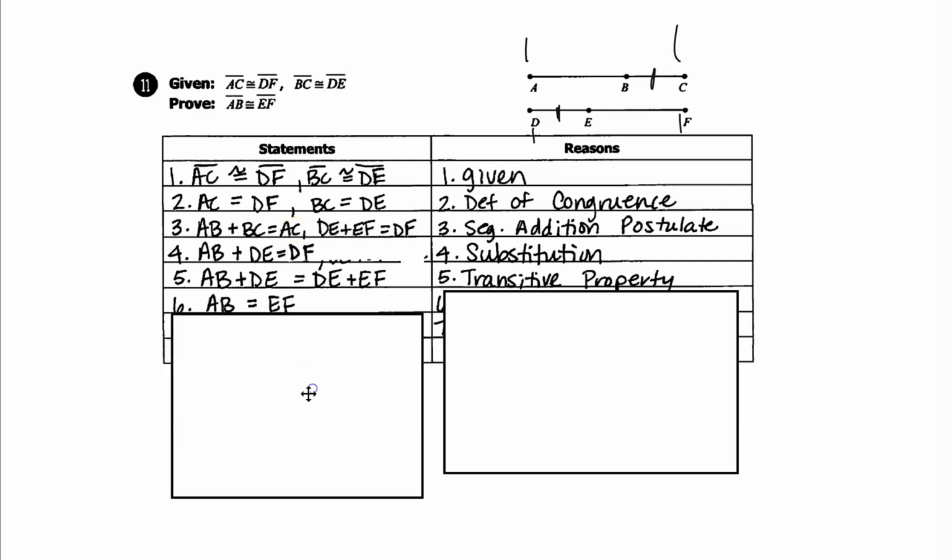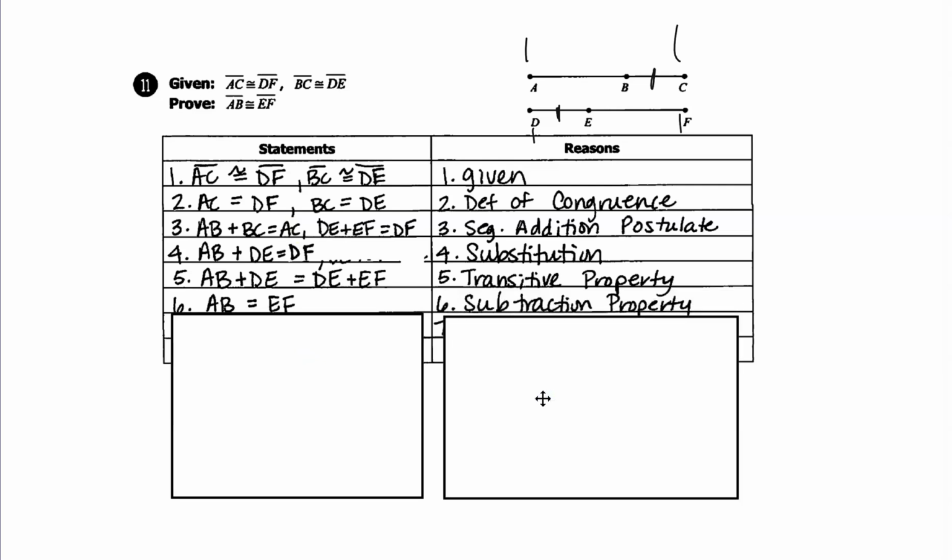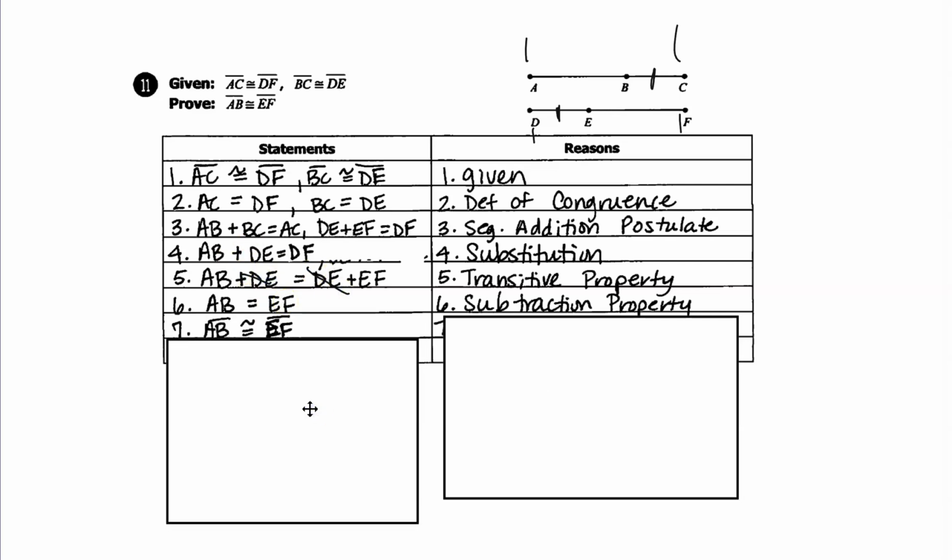Then you have AB equals EF, because we're going to subtract. When you think about it, we are minusing, giving us that. Then finally we have AB congruent to EF because we just changed it to a congruent symbol.